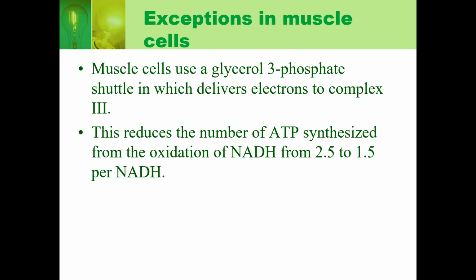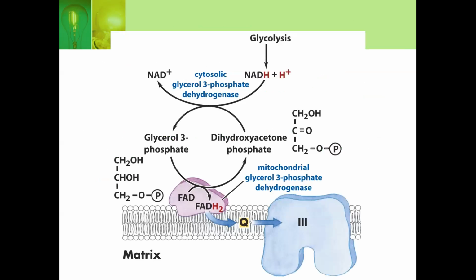You'll therefore have free fatty acids and glycerol. Glycerol is converted to glycerol 3-phosphate by triose kinase. Glycerol 3-phosphate is then oxidized to dihydroxyacetone phosphate by glycerol 3-phosphate dehydrogenase. That produces an NADH. That NADH is then sent directly to the electron transport chain via this little shuttle that you have in muscle cells, which is shown here.